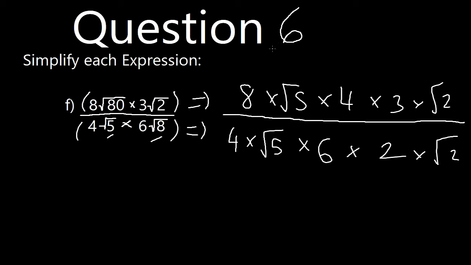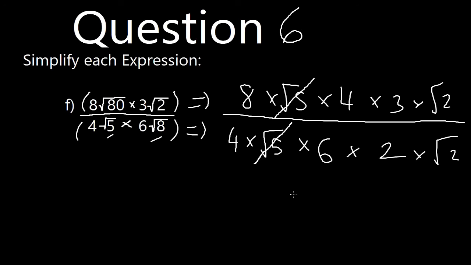Now the reason why I haven't gone through and timesed this 8, 4 and 3 together, or this 4, 6 and 2 together, is because sometimes you can get factors that you can just easily cross out. So if we have the same number on the top and the bottom, as I can see here with this root 5, it's going to cancel out with this one on the bottom.